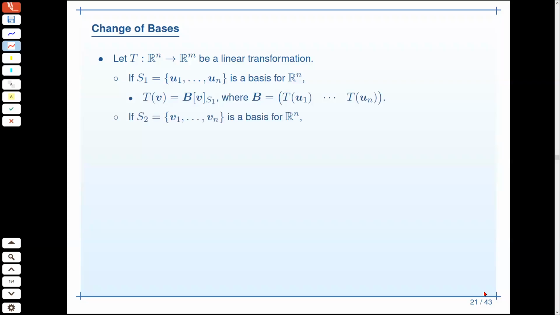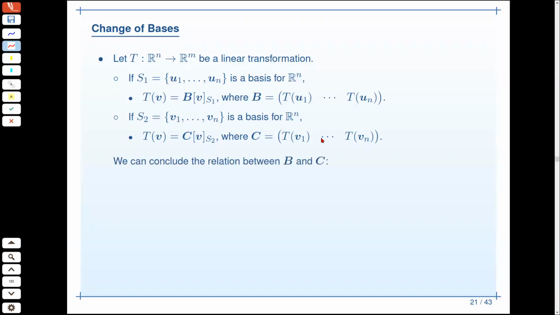Suppose S2 is another basis in general. Then T(v) equals C, another matrix, times the coordinate vector of v relative to S2, where C is this matrix. Now let's compare them. What is the relation? Now we can conclude the relation between B and C. What is that?